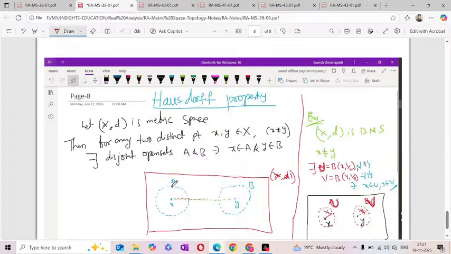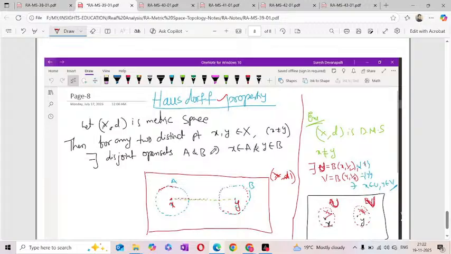Suppose x and y are two distinct points which belong to X. If there exist two open sets around x and y which are disjoint, then the type of property we call is the Hausdorff property.